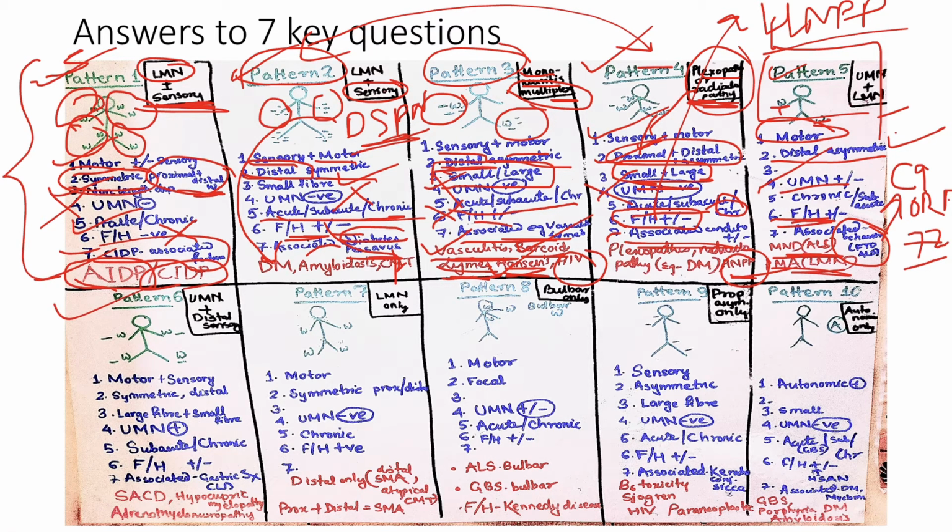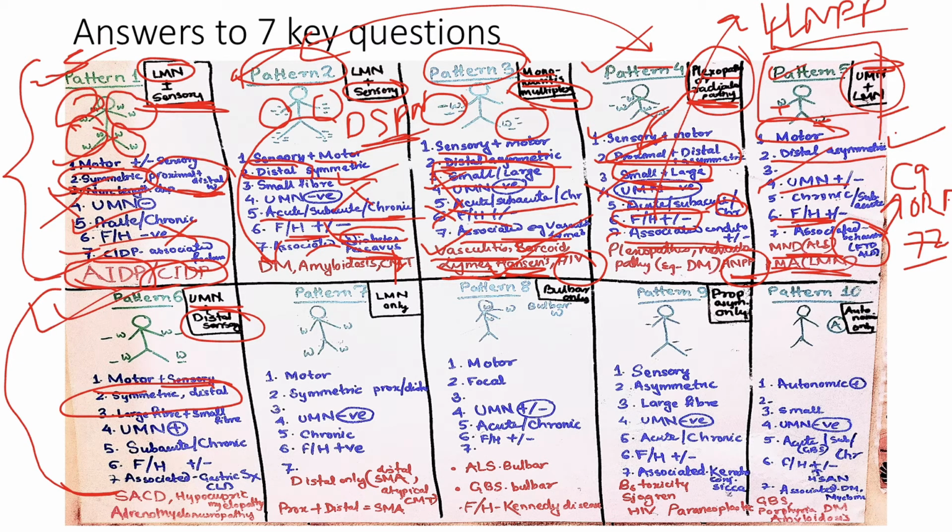Now coming to the sixth pattern, which is a combination of UMN plus distal sensory. Here we didn't have any sensory before, right? Here motor is there, the sensory is there, but here the sensory affection is symmetric and distal. Just imagine the first patient which I showed you, he actually fits into this pattern.